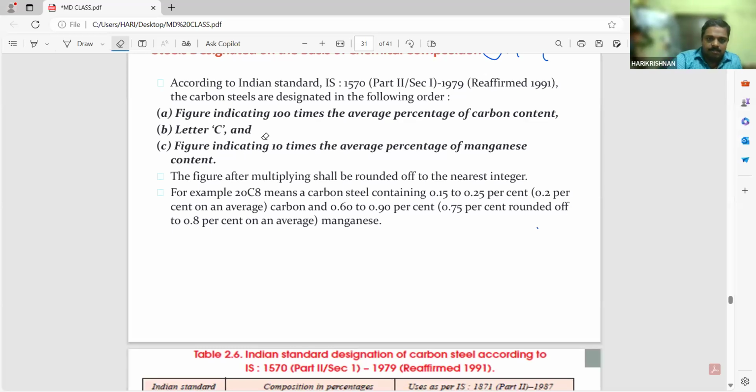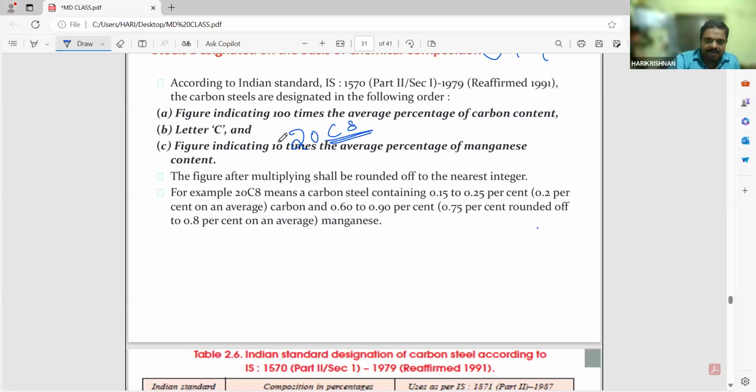So if you are having a steel 20C8, okay, 20 represents the carbon percentage and 8 represents the manganese percentage.